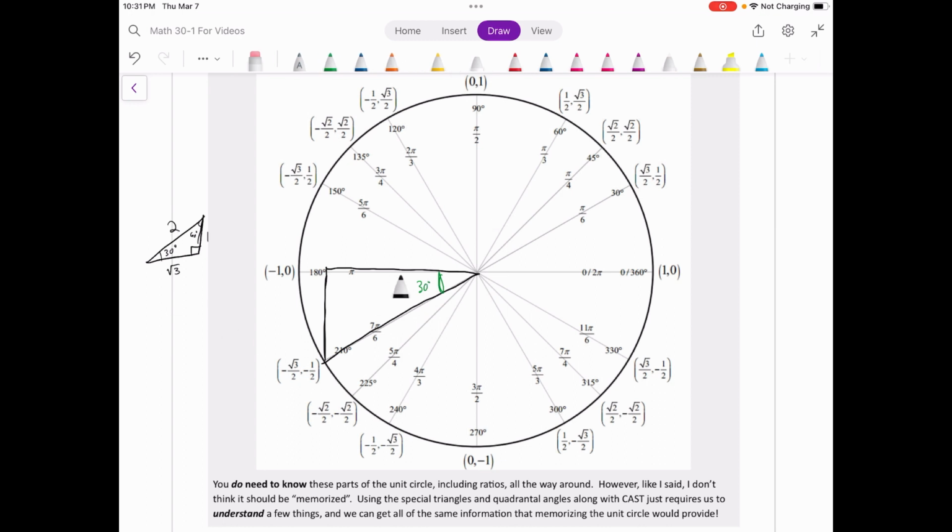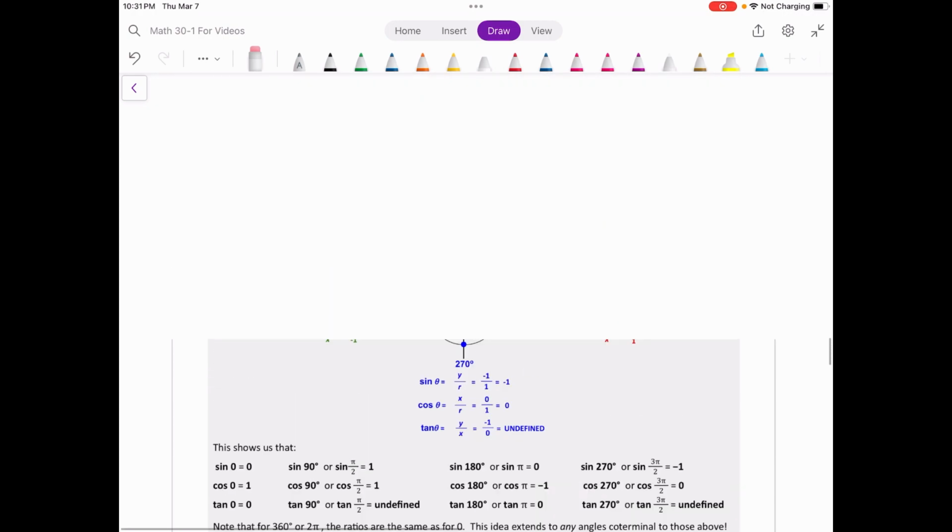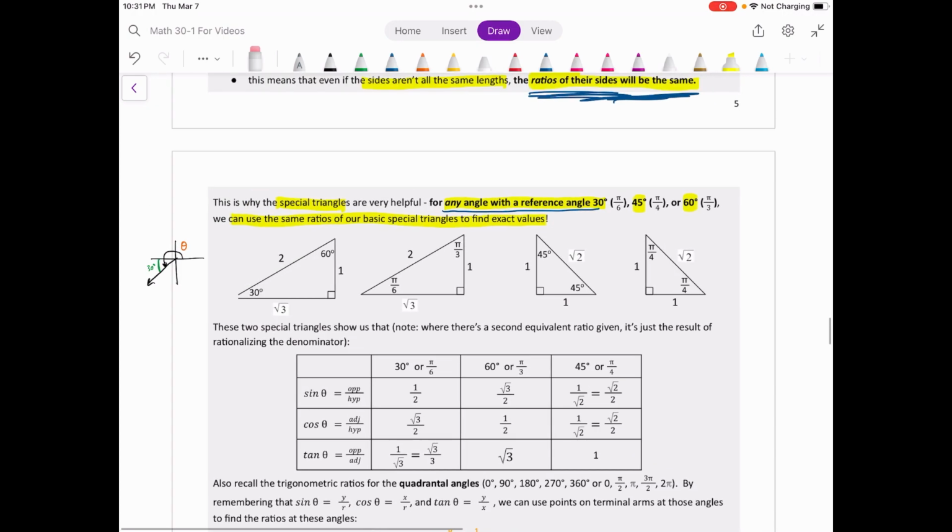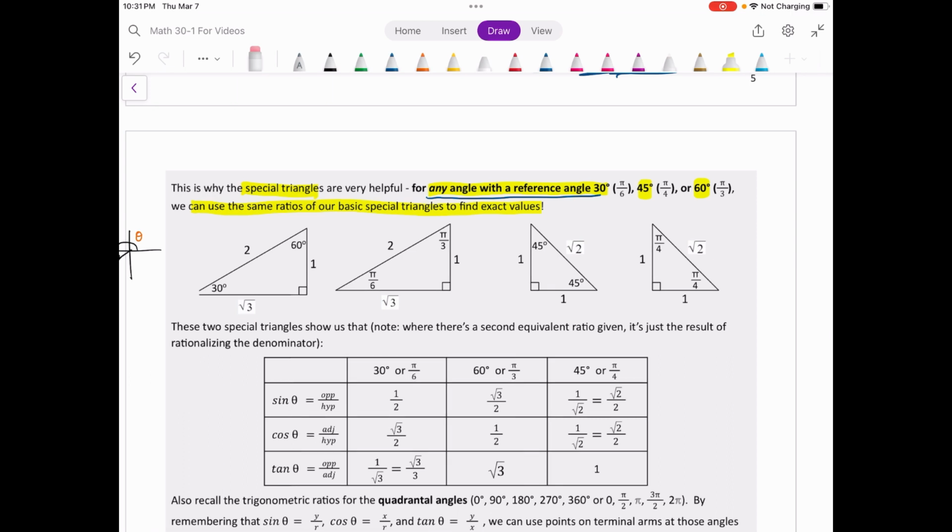I'll have to think about CAST for whether it's positive or negative 1/2, but that's the idea. So the two special triangles give us 12 angles, and therefore every ratio for those 12 angles, not even getting into the fact that now we know sine, cos, tan, cosecant, secant, and cotangent, just by getting these two for 12 angles around the circle.